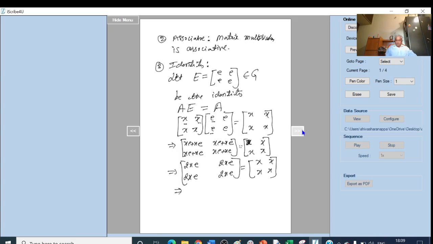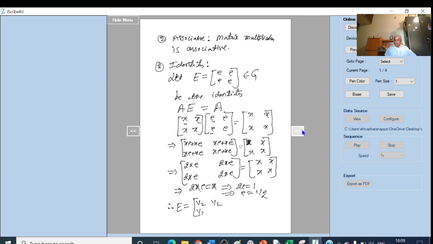Comparing the corresponding elements here, we get 2xe is equal to x. This implies 2e equal to 1, as x gets cancelled here. So e equals 1 by 2. Therefore, the identity element is the matrix with all four entries 1 by 2.